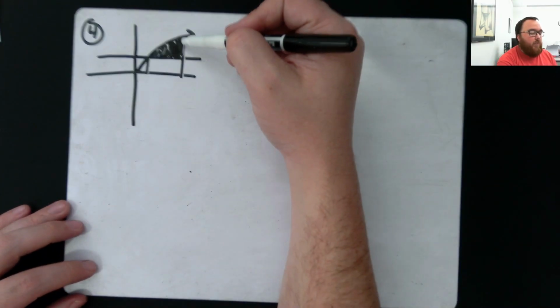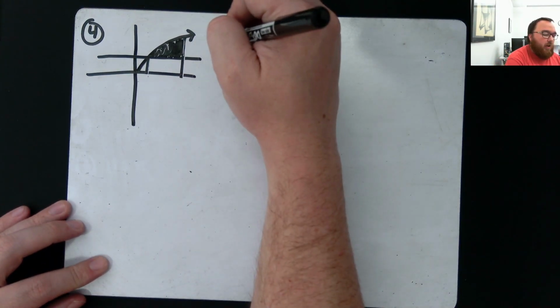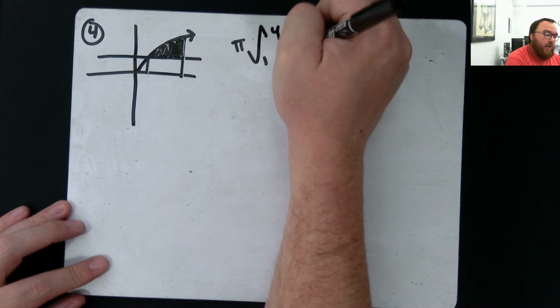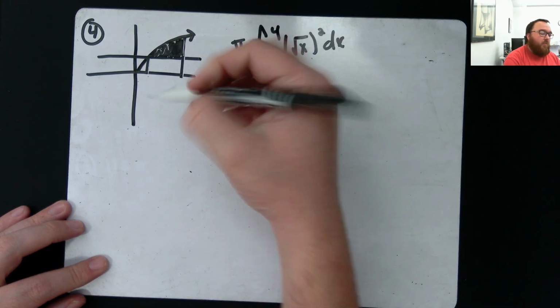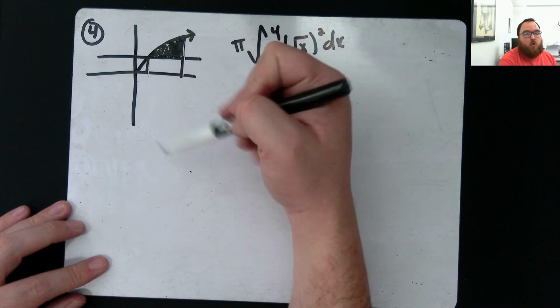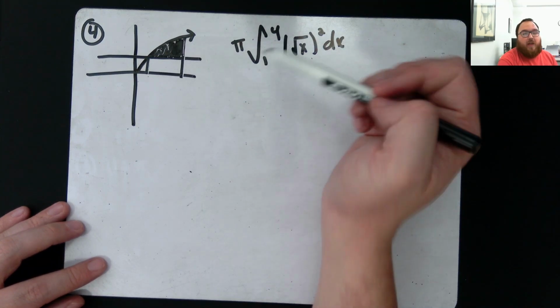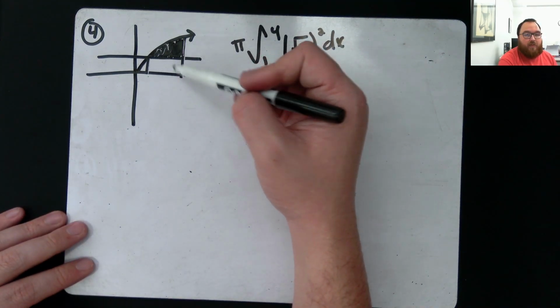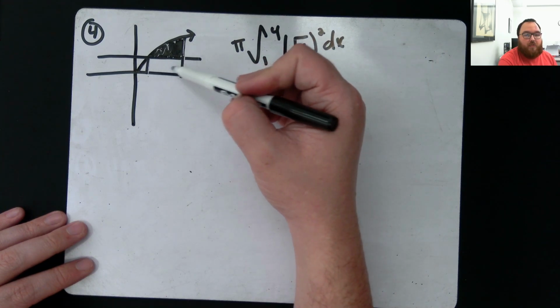Well, notice if I just did the pi integral from 1 to 4 of square root of x squared, that would give me the whole thing, as if all of this was shaded in. So then after that, I want to take out how much I gain from doing this. I want to remove this.